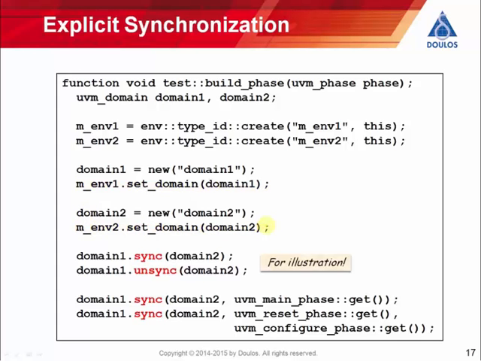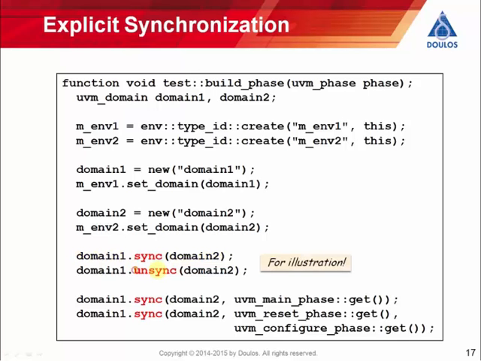What we can now do is choose to synchronize phases across domains. So we could make a call domain1.sync(domain2), and that would pull all the runtime phases in domain2 into sync with all of the runtime phases in domain1. So now we'd be back where we started. All of the UVM runtime phases are running in sync with one another.